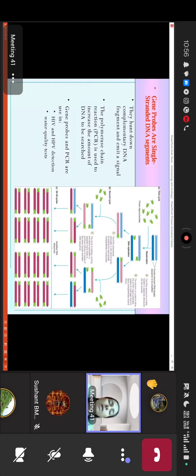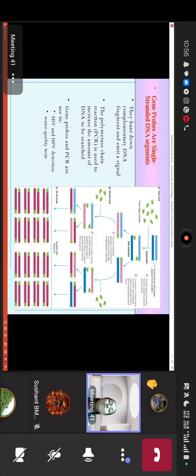Gene probes are single stranded DNA segments. So basically DNA segments, PCR techniques. PCR is your polymerase chain reaction. Like we produce antibodies, right? Now the antibodies are produced in a small amount and we require that type of antibody in a large quantity. So what can we do? We can amplify it with the help of the PCR technique, which comes under gene probes or single stranded DNA segments.